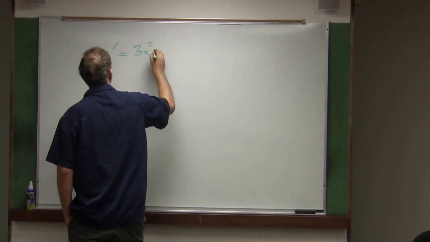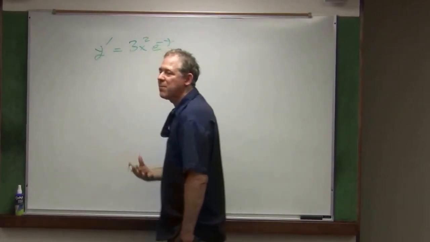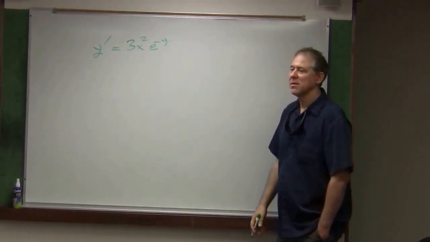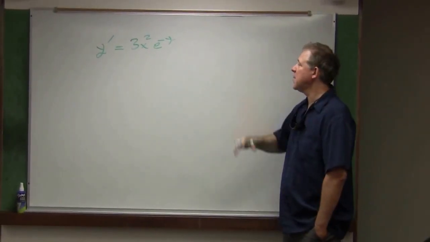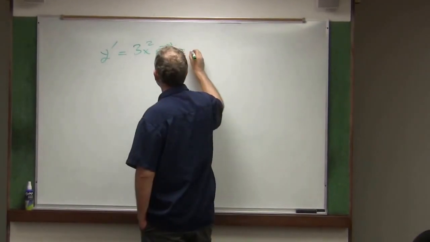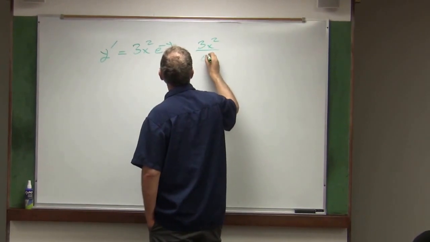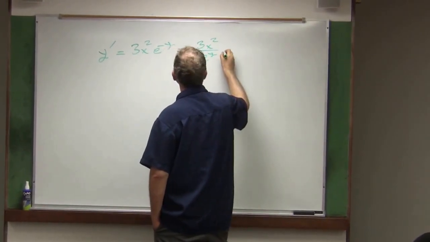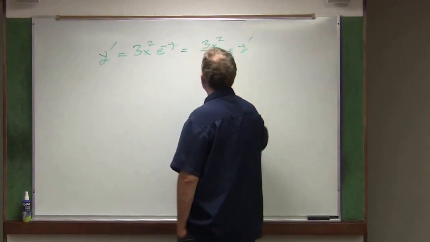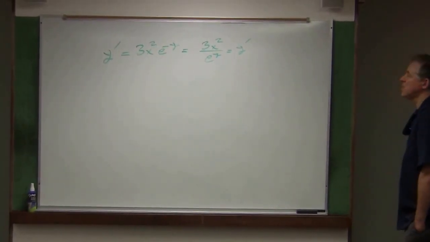Well, the first thing you're going to ask is, is it separable? Yes, because it can be rewritten as 3x squared over e to the y. This is y prime. So it is a function of x divided by a function of y.